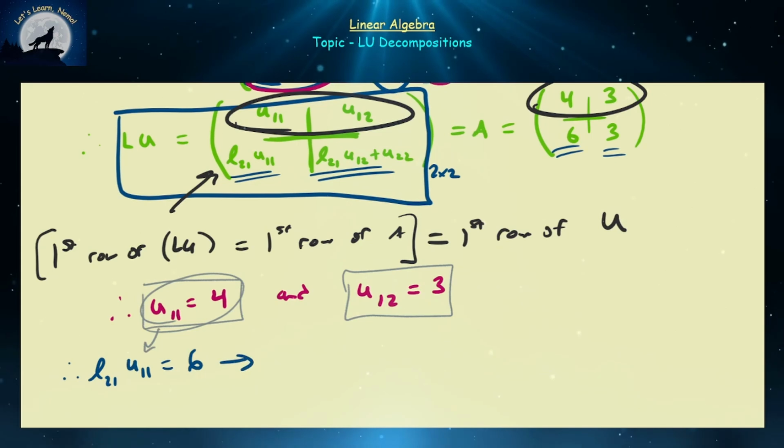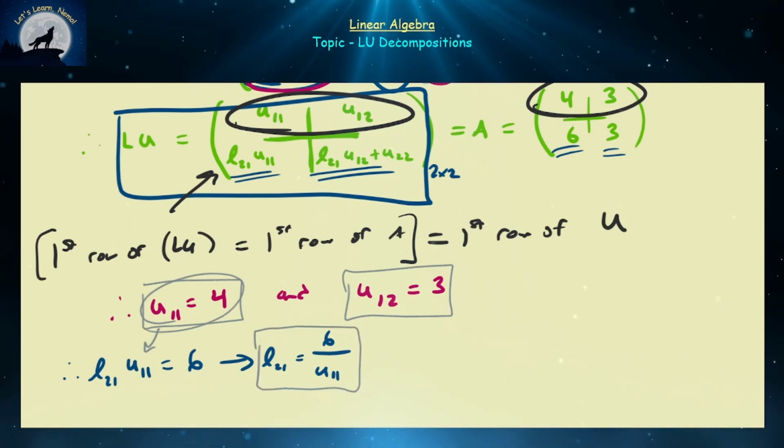So we clearly see that L2,1 will be equal to 6 divided by U1,1. That would be the general expression for it. And we clearly see that if U1,1 is equal to 0, then this expression is not going to be defined. Right? So here we can start to see that not all matrices have LU decompositions.